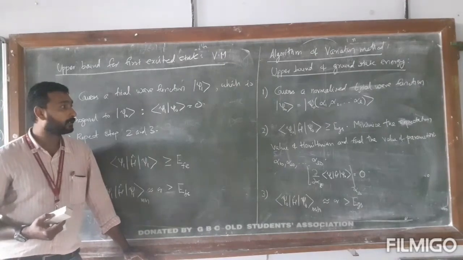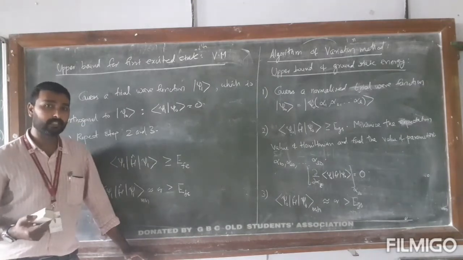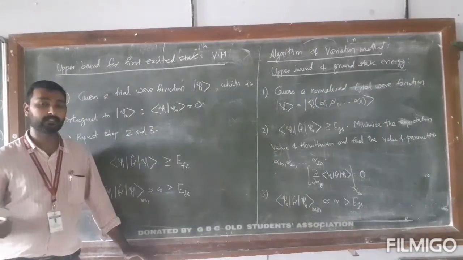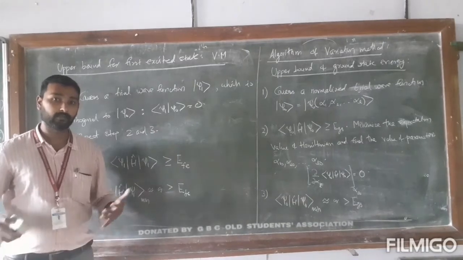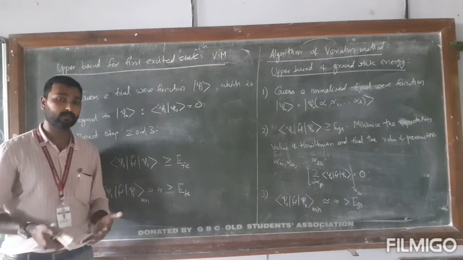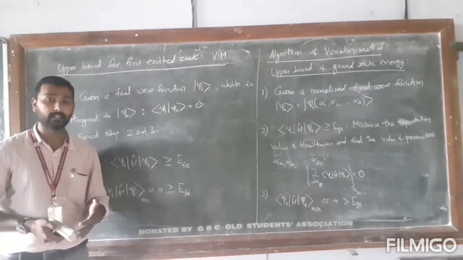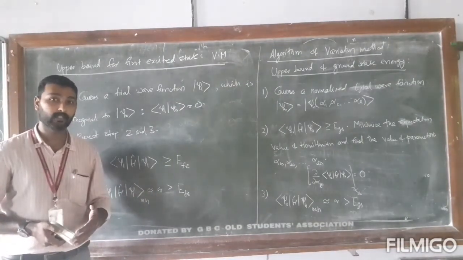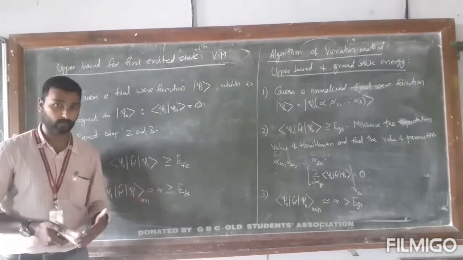Suppose you have worked out certain molecules, and there is a slight change in the bonding of the molecules, then we can guess the wave function of the earlier molecule as a trial wave function, and use that information to find the ground state energy of the new molecule. That is the idea behind it, and that is the application in chemistry as well. We can find the approximate energy level of a molecule.